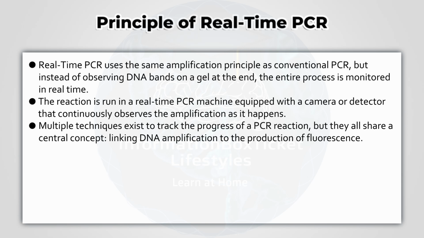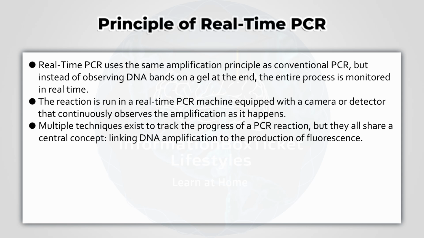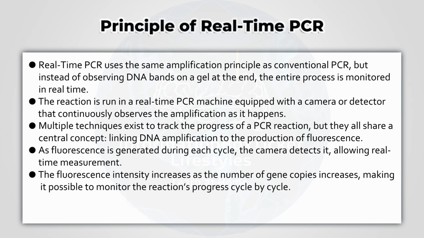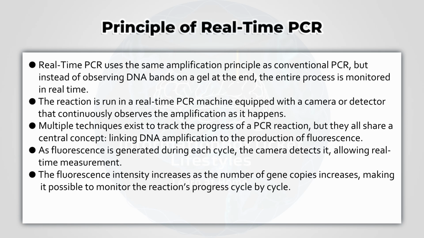Multiple techniques exist to track the progress of a PCR reaction, but they all share a central concept, linking DNA amplification to the production of fluorescence. As fluorescence is generated during each cycle, the camera detects it, allowing real-time measurement. The fluorescence intensity increases as the number of gene copies increases, making it possible to monitor the reaction's progress cycle by cycle.